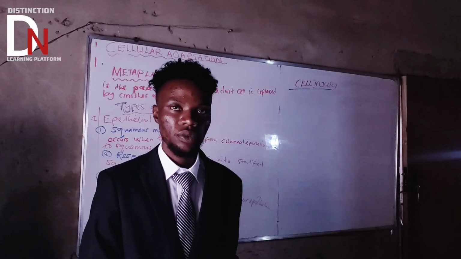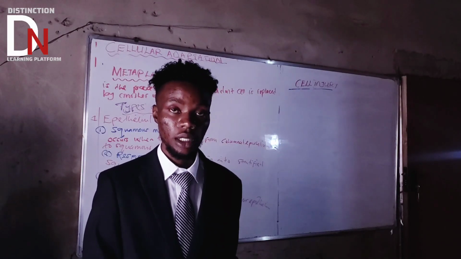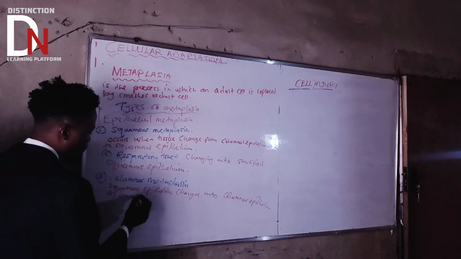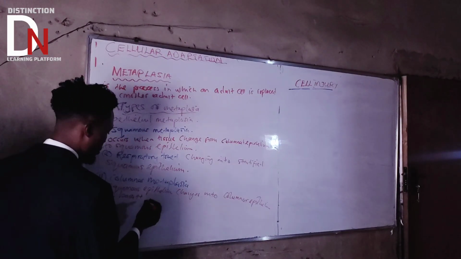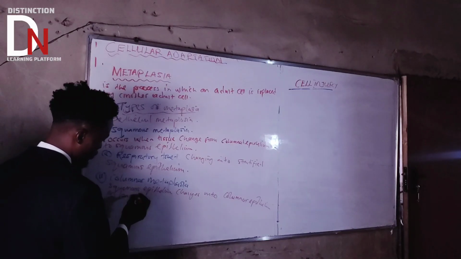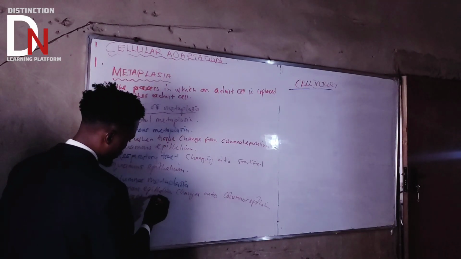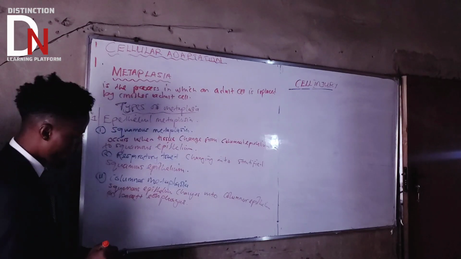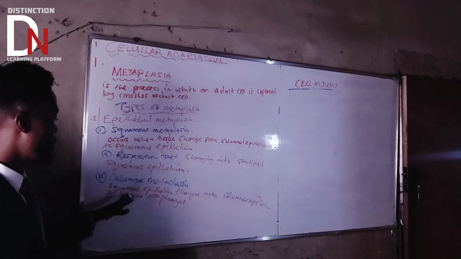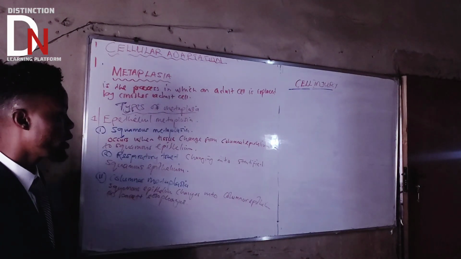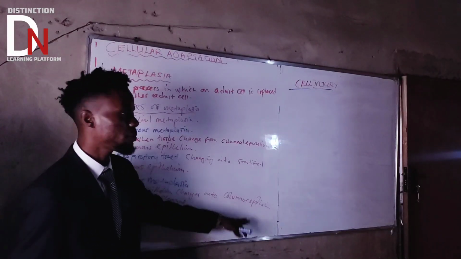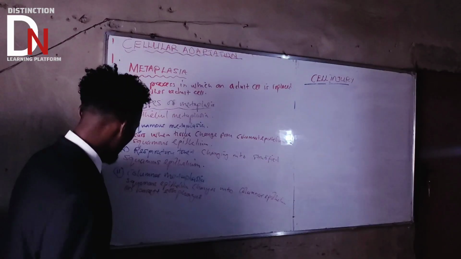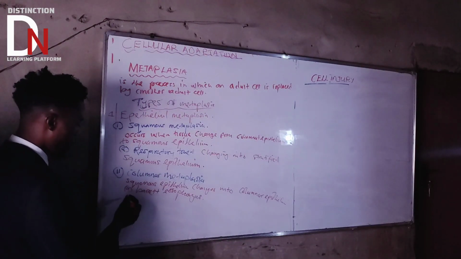We call that condition Barrett esophagus. In Barrett esophagus there is a change from squamous epithelium into columnar epithelium, because columnar epithelium can withstand the acid coming from the stomach. So this is A.